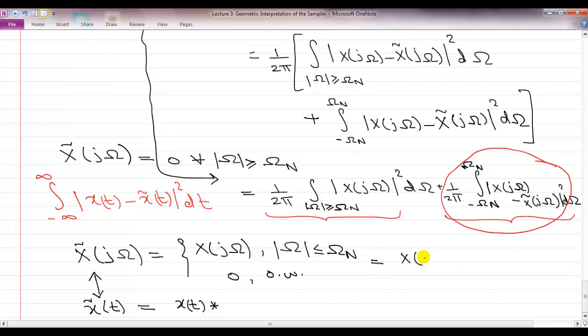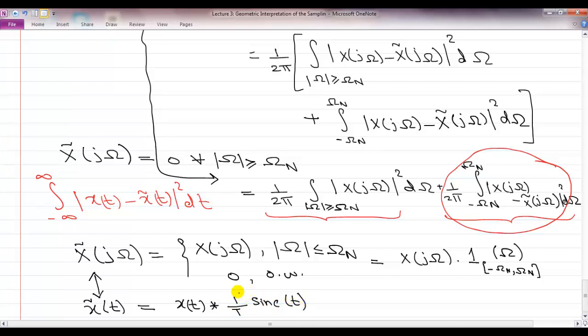This is simply x of j omega times the indicator function from minus omega n to omega n, or effectively you are doing a low pass filtering of x j omega between minus omega n and omega n. Okay, so this filter will be the sinc filter. So what you get is 1 over t times sinc of t.